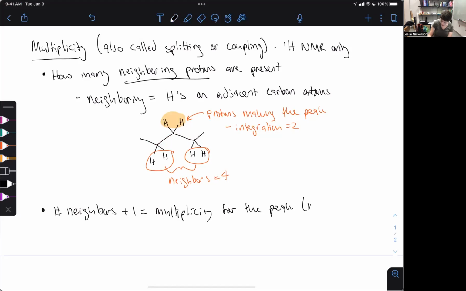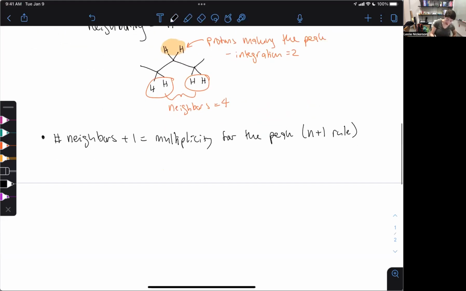Okay, this is also called the n+1 rule. So you'll see it as n+1 quite a bit. The last important note about multiplicity, equivalent protons don't split each other.